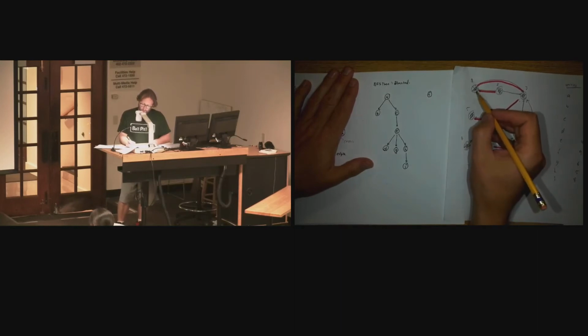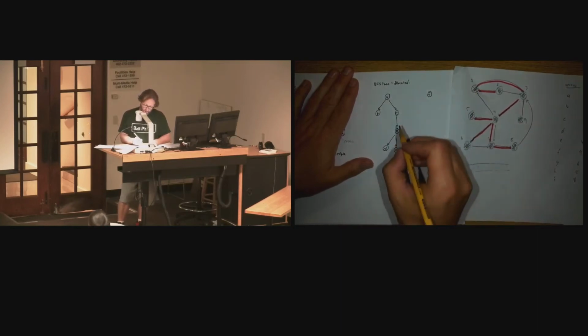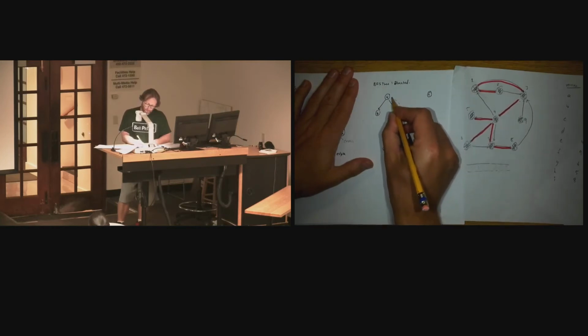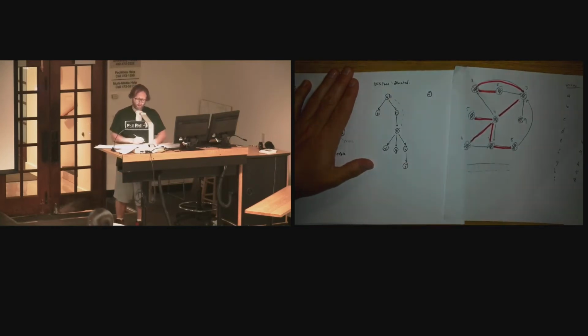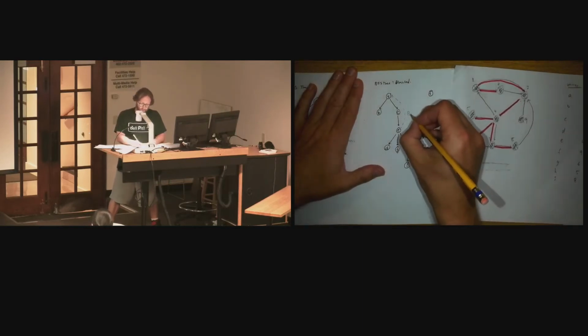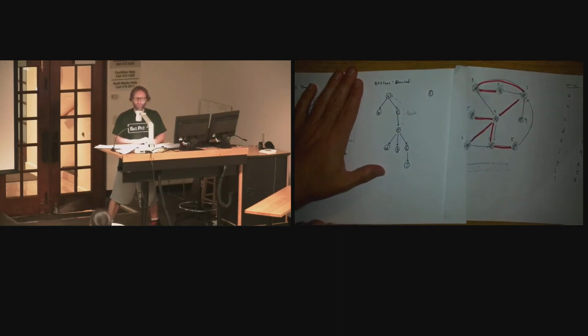Okay. What about the non-tree edges here? E goes to A. Where does that look like over here? E goes to A. What kind of an edge is that? Is it a forward edge, a cross edge, or a back edge? That's a back edge. So you can have back edges.